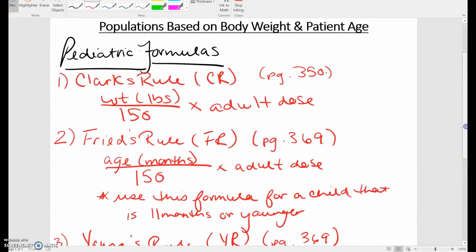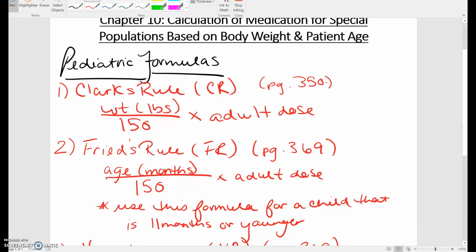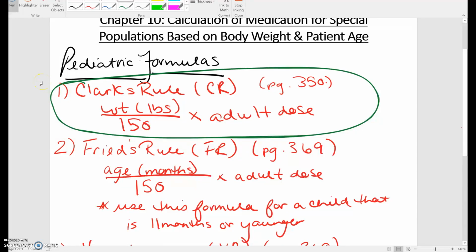Now, out of all 3 formulas, which of the 3 do you think is the most accurate? Well, if you said the Clark's rule is the most accurate rule, why is that? Because it deals with the patient's weight.